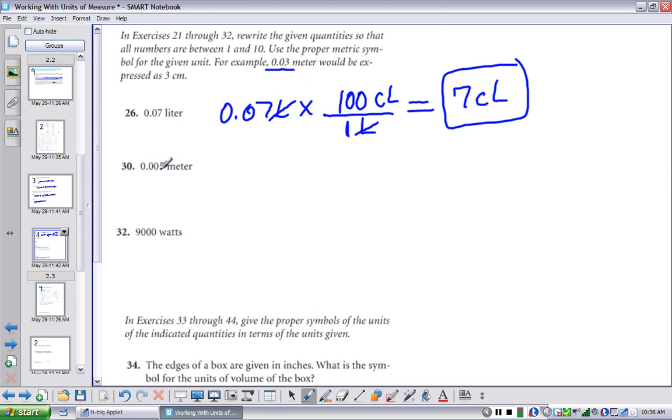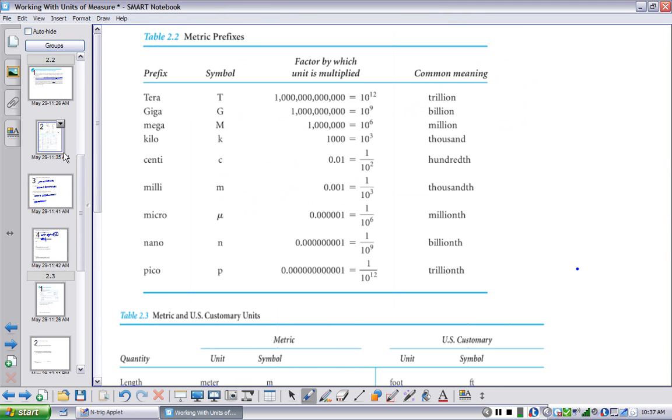We have 0.005 meters. Now, the first non-zero decimal place, this is the tenths, hundredths, thousandths. So, what is thousandths? Thousandth is the milli.